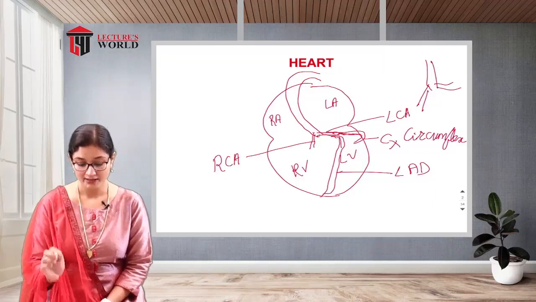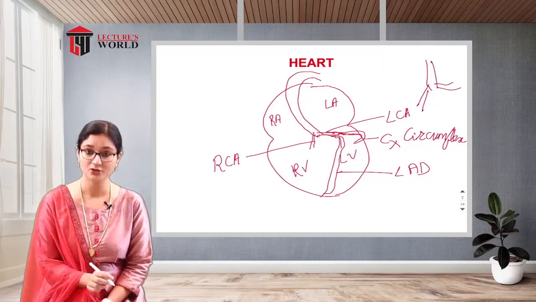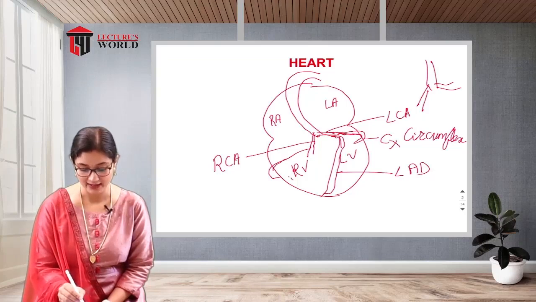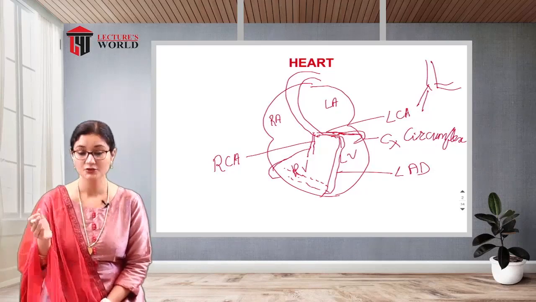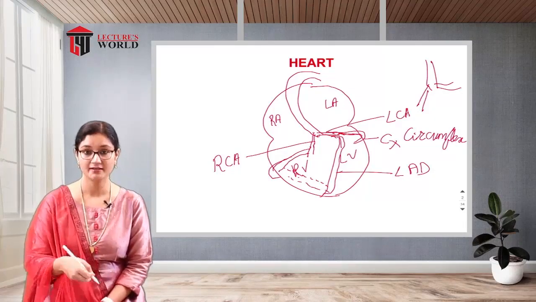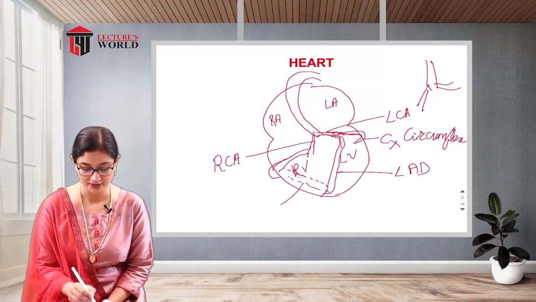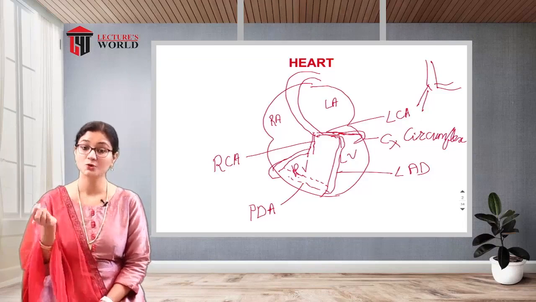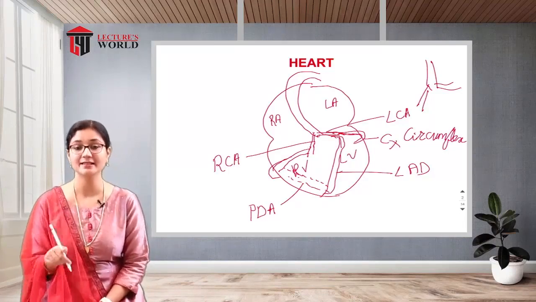Now let me talk about RCA. RCA further gives rise to an artery which is going back. Since this artery is going behind, it is called PDA, that is the posterior descending artery.